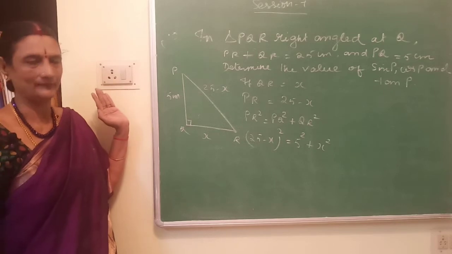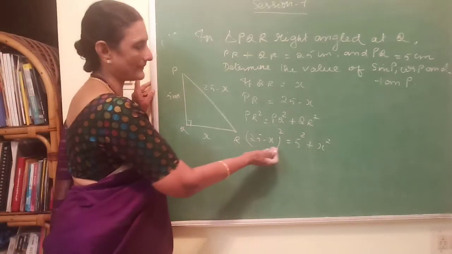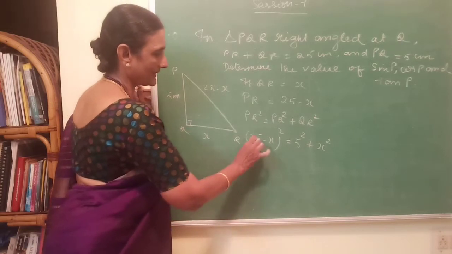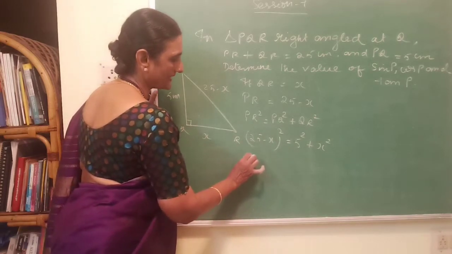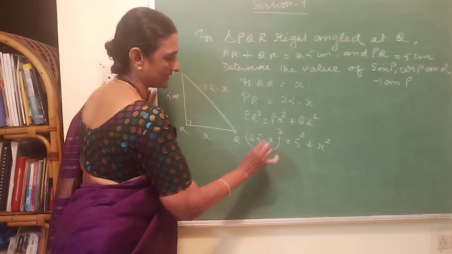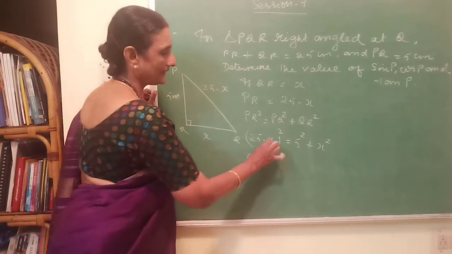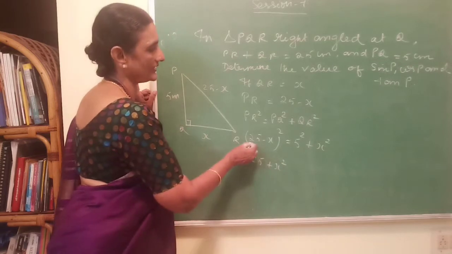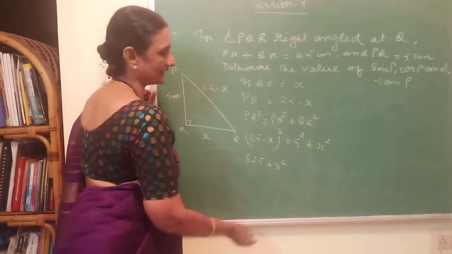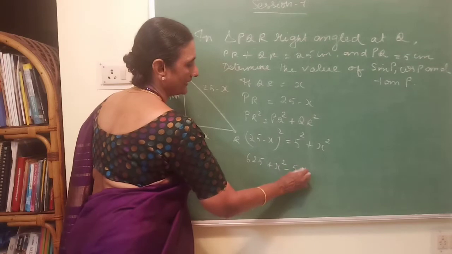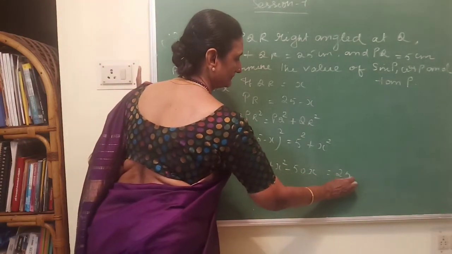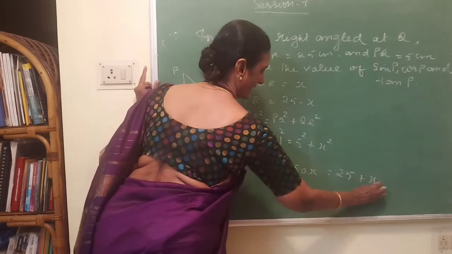25 plus x square. For the LHS, we have to use a minus b the whole square. So it must be 25 square, obviously we all know it is 625, and then plus x square, and then the middle term is 2 into 25 into minus x, that gives you minus 50x, is equal to 25 plus x square.